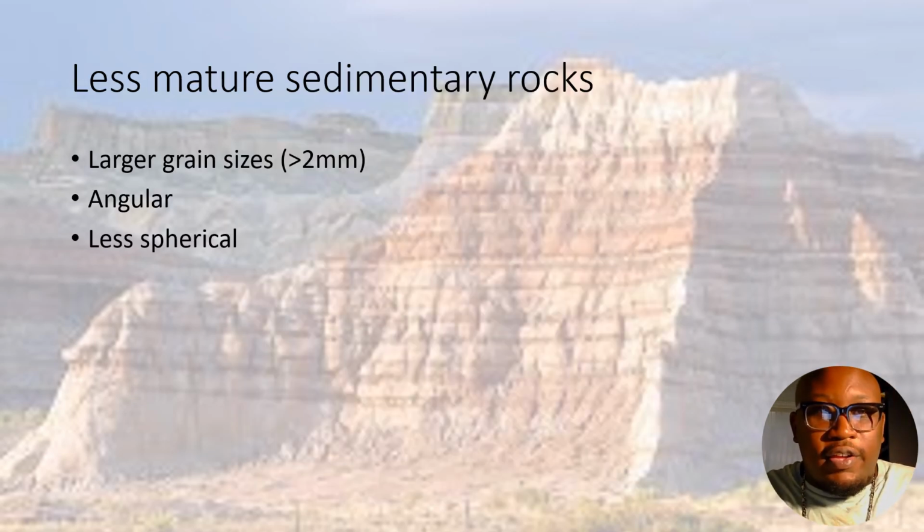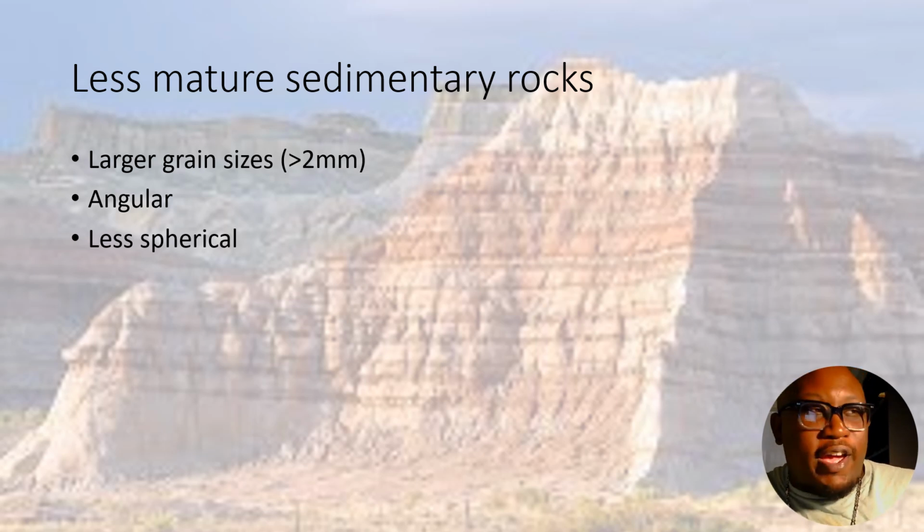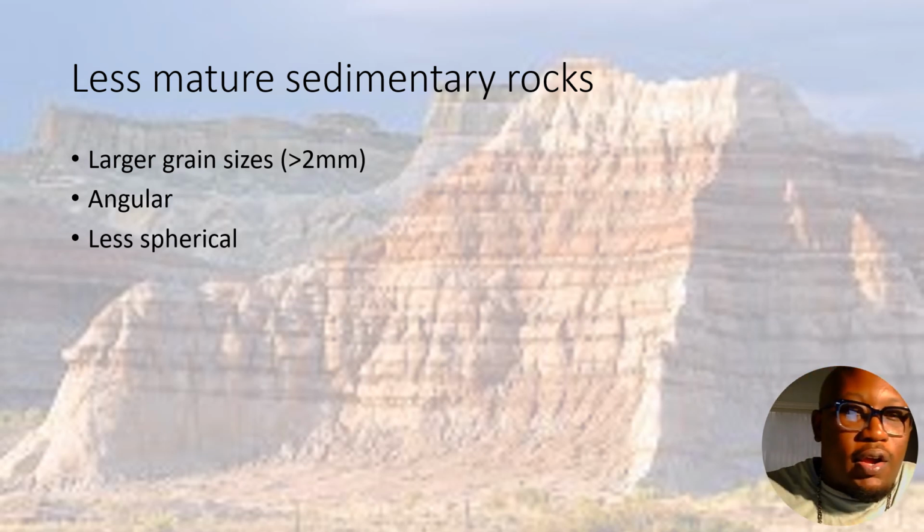There's this concept of maturity, and it's not non-mature, but less mature sedimentary rocks. Basically, less mature sedimentary rocks will have a large grain size. They're angular in shape, so they look kind of sharp. And I'm talking about the grains that make up the rock, not the rock itself.